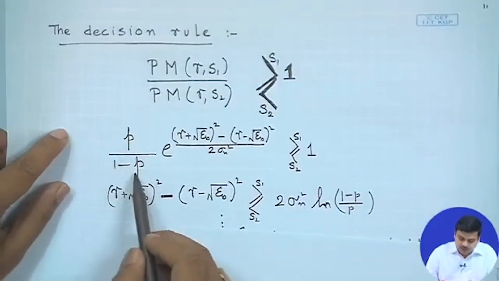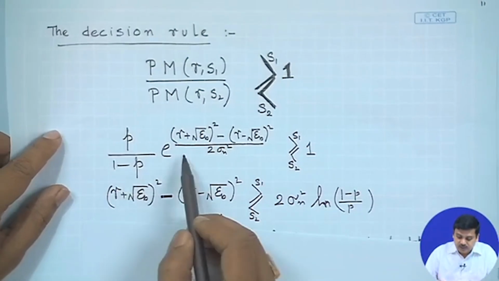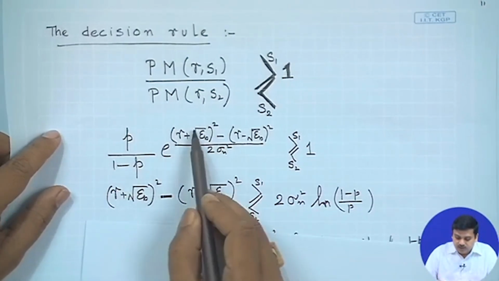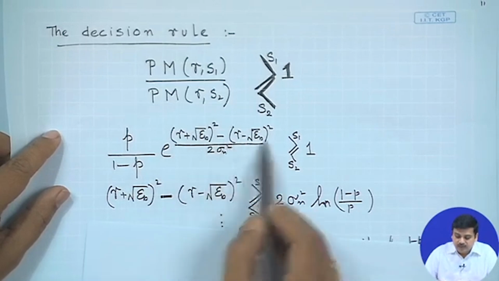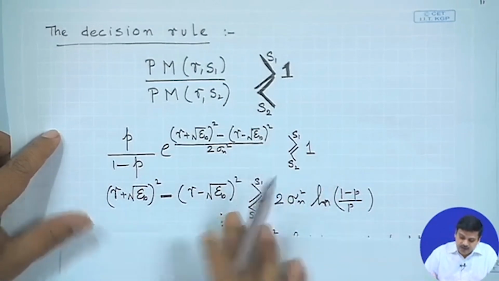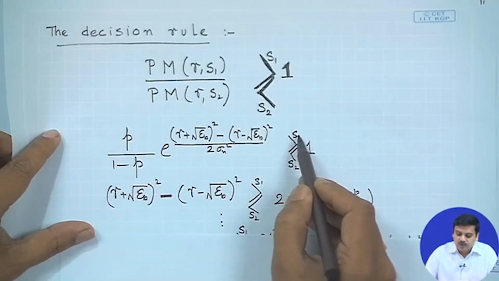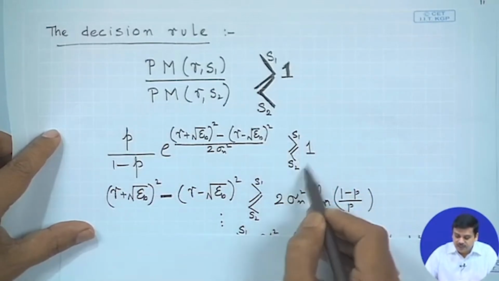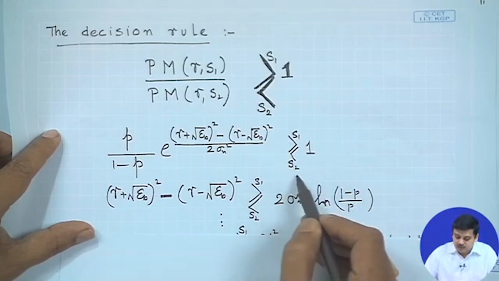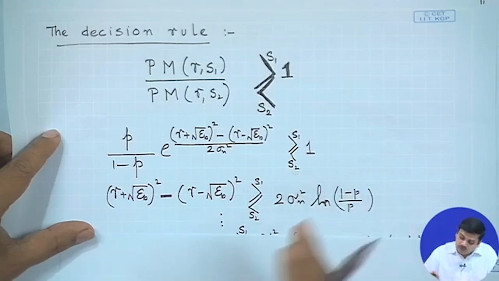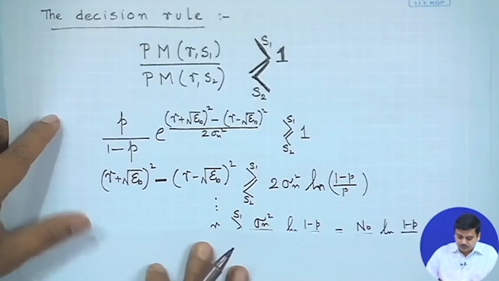So, you have P upon 1 minus P, that is what we just stated, e to the power of this term which has come from the denominator minus this term, and the right hand side remains the same. That means, if this is greater than 1, you would choose S1, and if it is less than 1, you choose the signal transmitted as S2, and that is the output of your decision device.